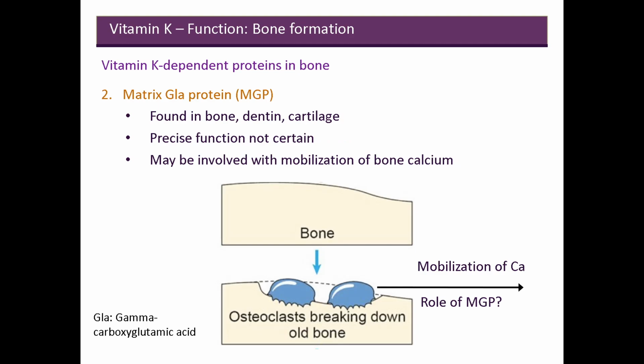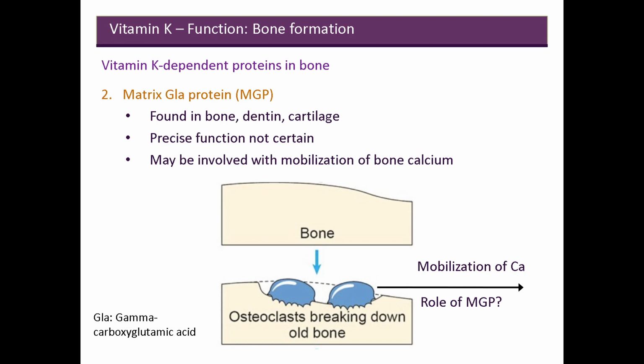So vitamin K is also required for the inactive form of MGLA protein. It carboxylates it for its activation. MGLA protein or matrix GLA protein or MGP can be found in bone, dentin, or cartilage. We're not sure what its precise function is, but we know that it's involved with the mobilization of calcium.